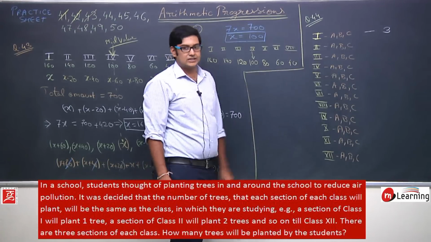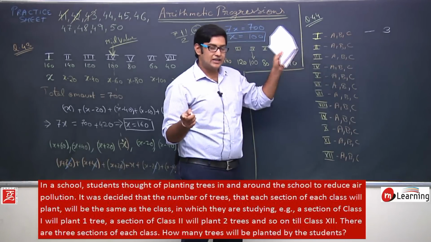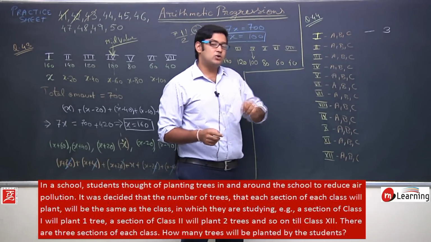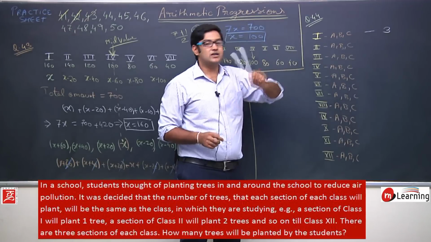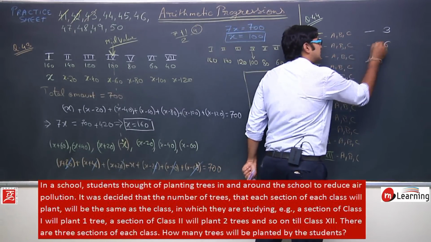What about second class? Second A will plant 2 trees, second B will again plant 2 trees, and second C will again plant 2 trees. So in all, 2 plus 2 plus 2 will give you 6 trees.